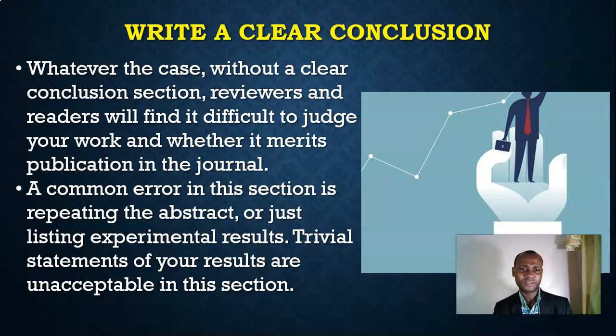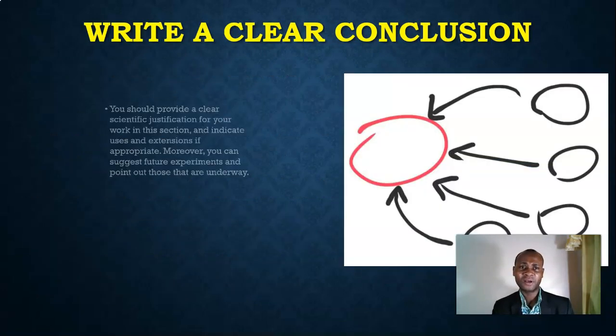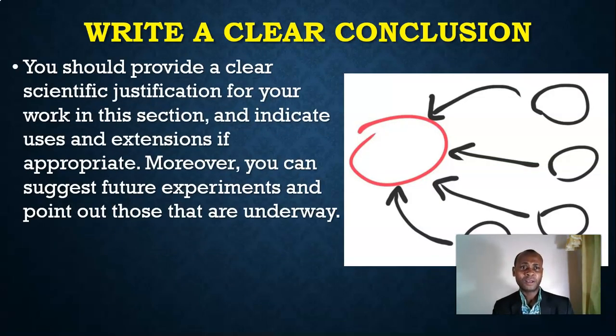That is not how to do it. What you should do is provide a clear scientific justification for your work in this section and indicate uses and extensions if appropriate. Moreover, you can suggest future experiments and point out those that are underway.